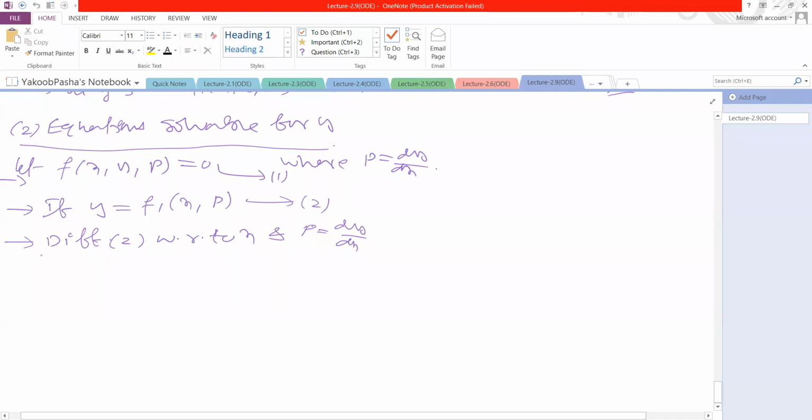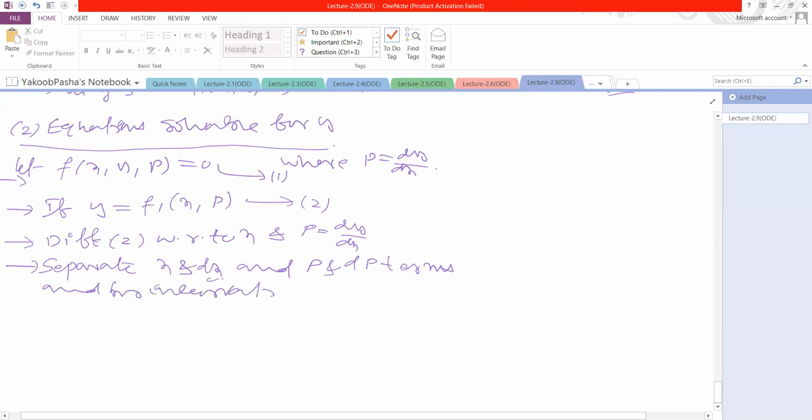Okay. Now separate x dx terms and p dp terms, and by integration we get an equation of the form capital F of x comma p comma c is equal to 0.